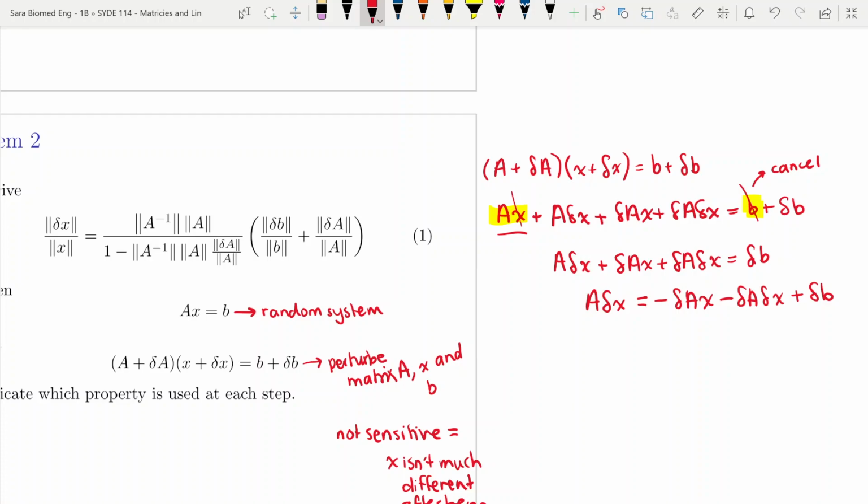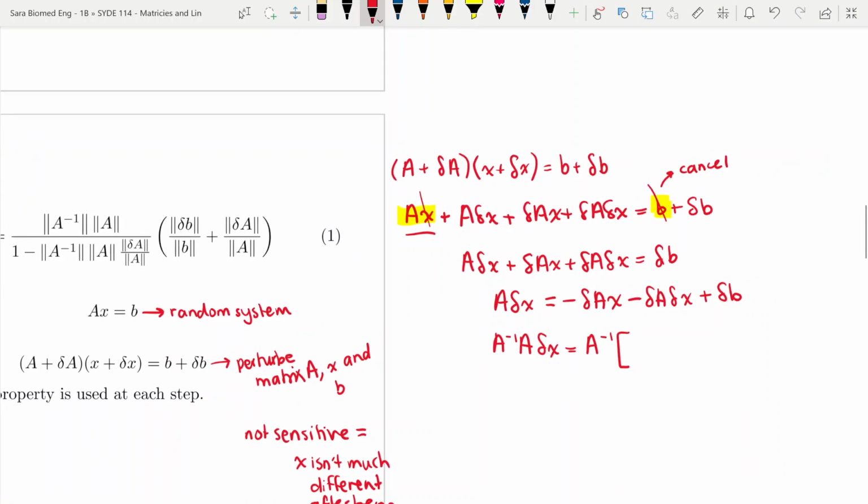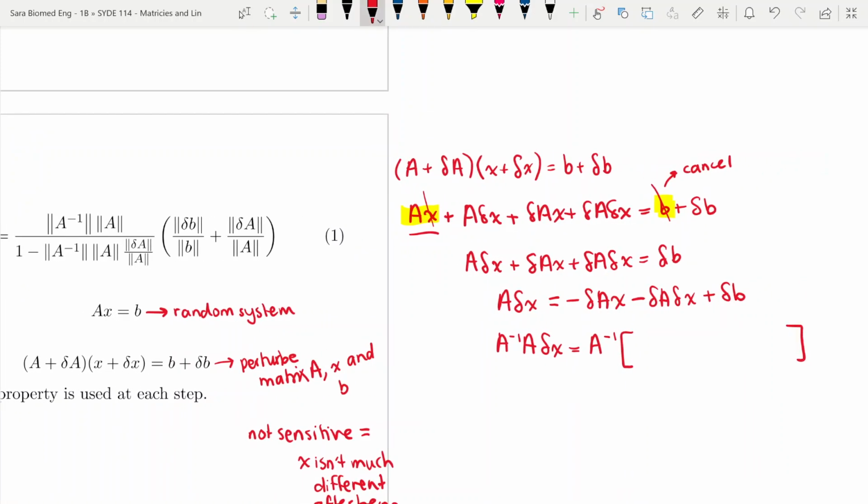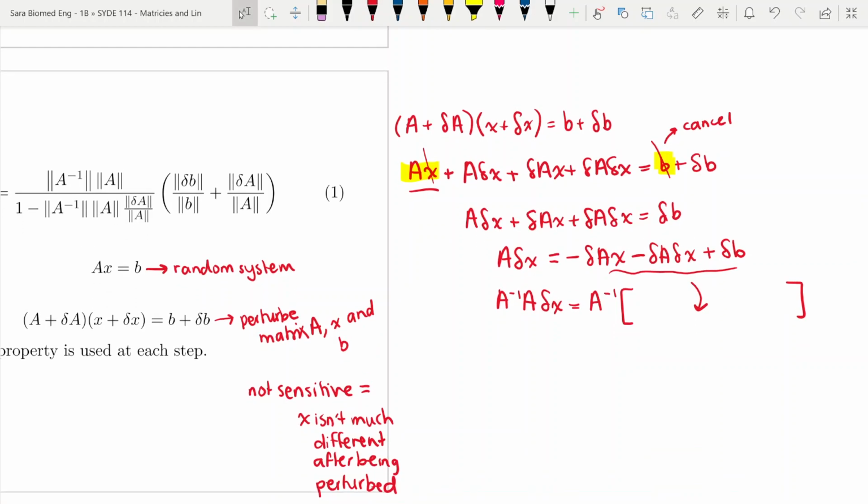So now I'm gonna multiply A inverse on both sides of the equation. So it's gonna be A inverse A delta x equals A inverse, and what's here is gonna be in this bracket. Okay. And on the left-hand side, because A inverse times A is going to give you an identity matrix, what's left is delta x.